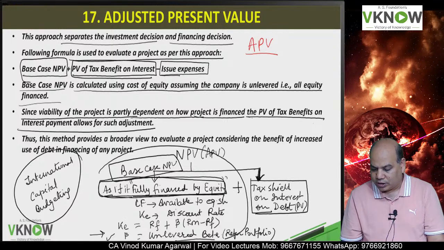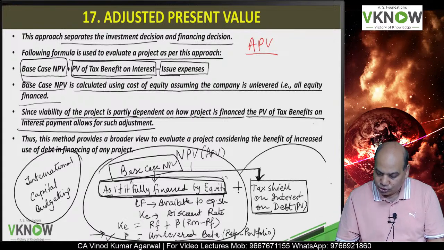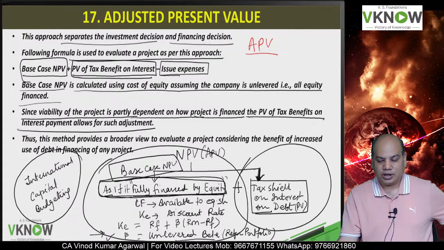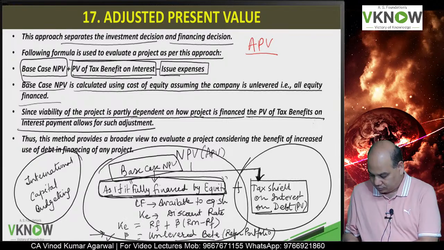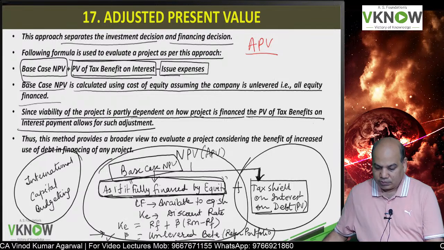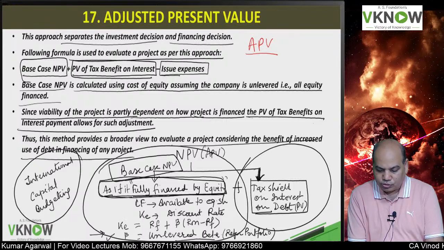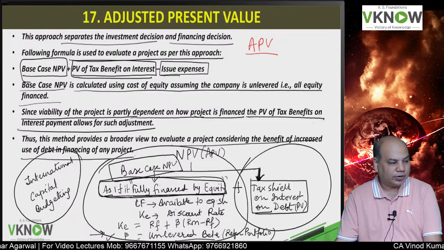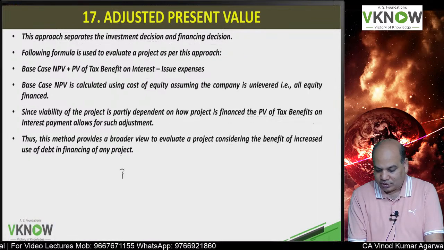First you evaluate it without considering the role of financing, then you bring the benefit of financing. Thus this method provides a broader view to evaluate a project, considering the benefit of increased use of debt in financing of any project.